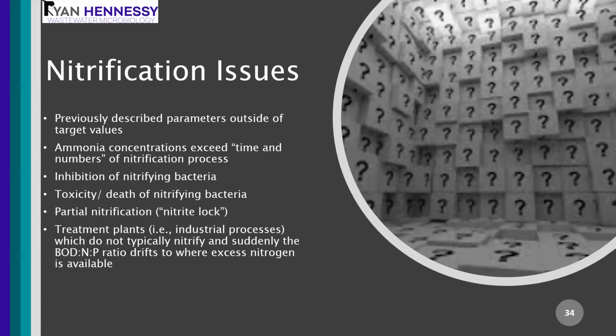And in some instances, supplementing a carbon source that doesn't have ammonia to get that BOD to N ratio back, where you're getting more nitrogen removal through assimilation into new biomass, is a really good strategy.